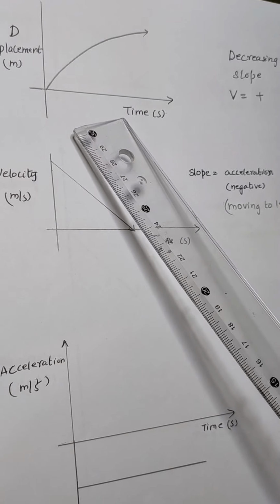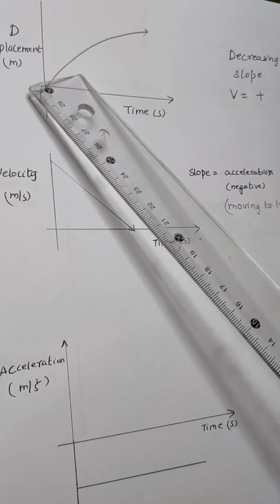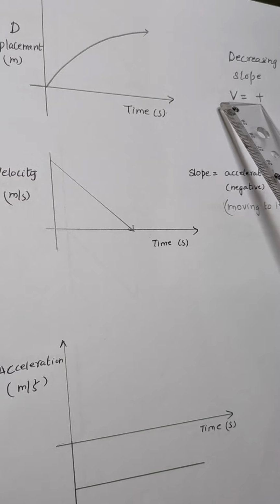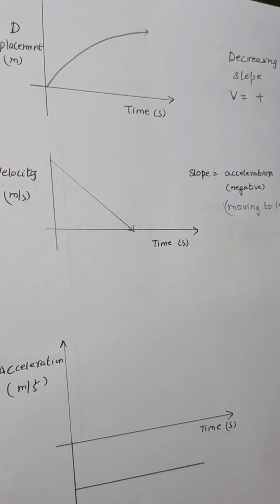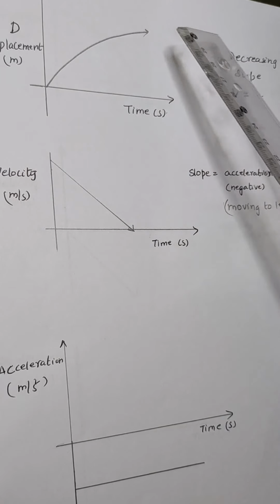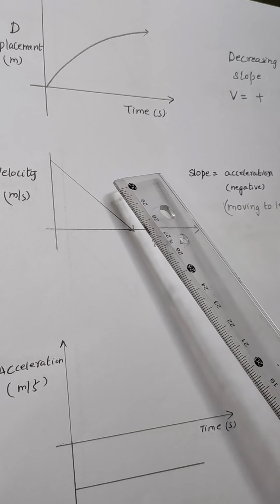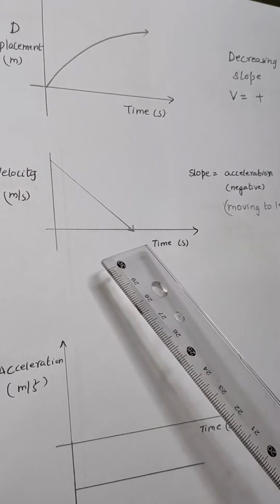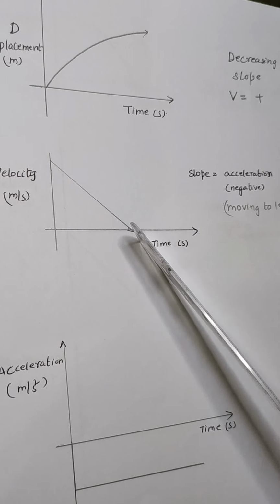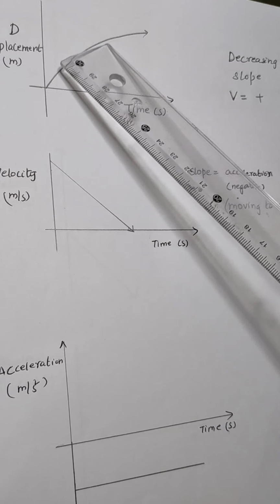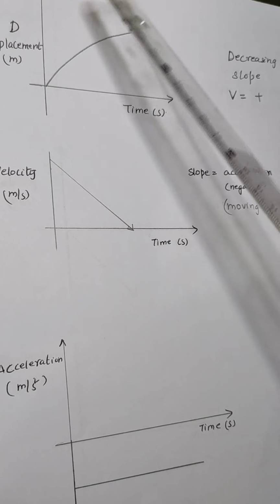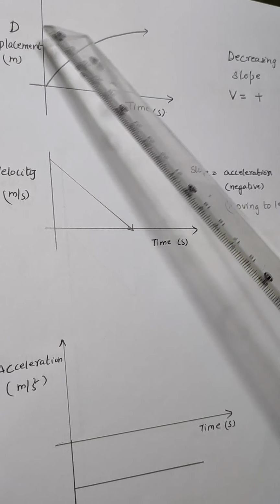In this graph, we can see that the slope is decreasing, but still it is positive. So the velocity is positive, but velocity is decreasing. That's the difference. Though the slope is decreasing, it is positive. It is in the positive quadrant, or it is towards the right.